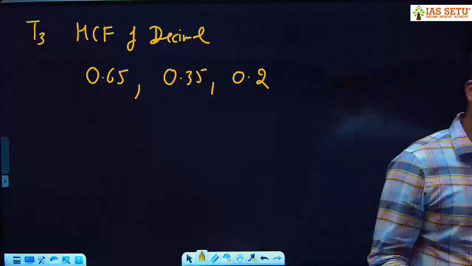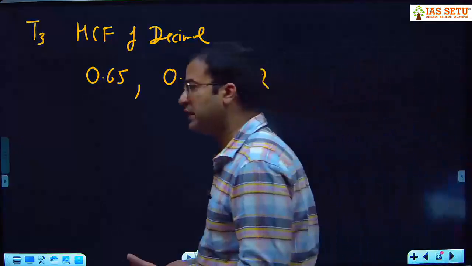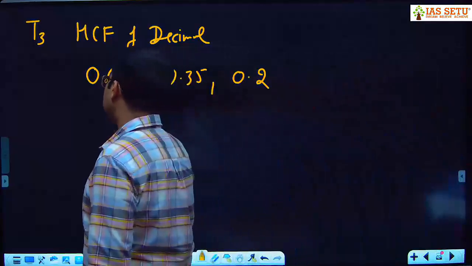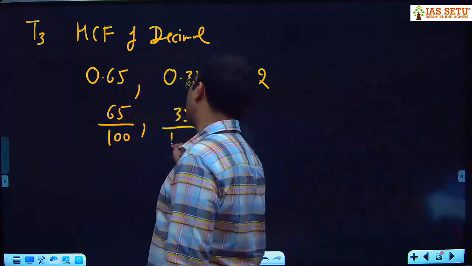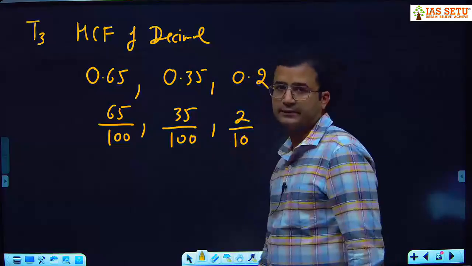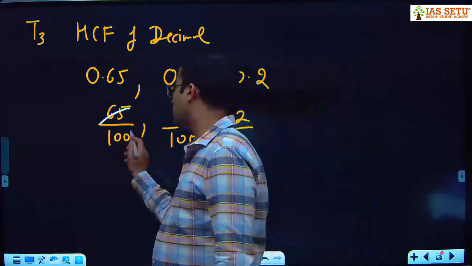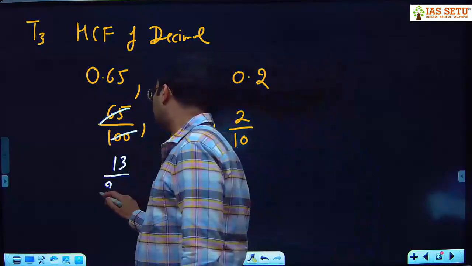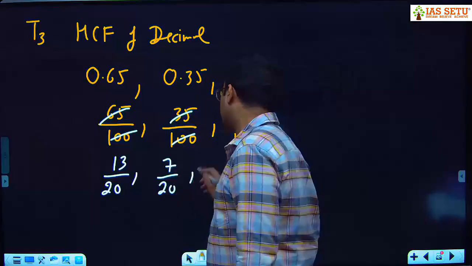In type 3, what we will do is convert these into fractions, then it becomes type 2. So it is 65 upon 100, 35 upon 100, 2 by 10. So now we simplify here. This is 13 upon 20. This is 7 upon 20.